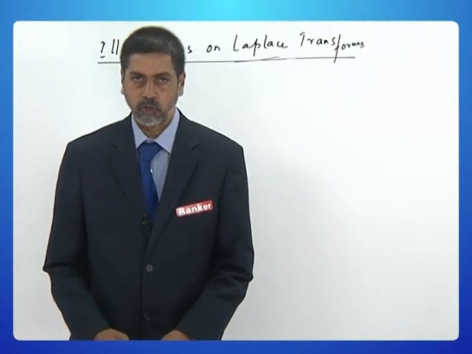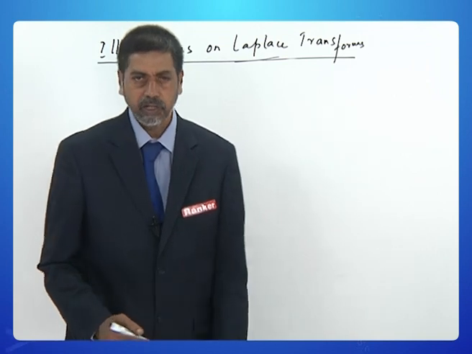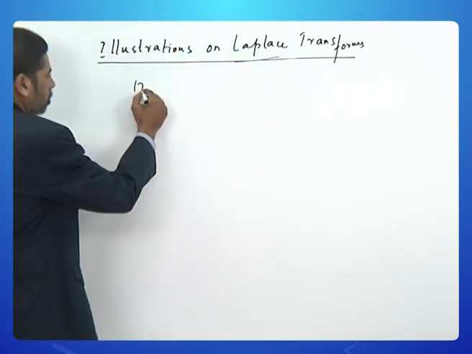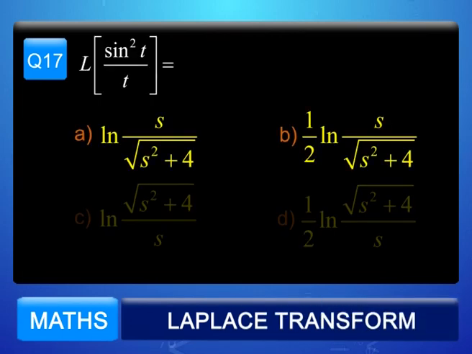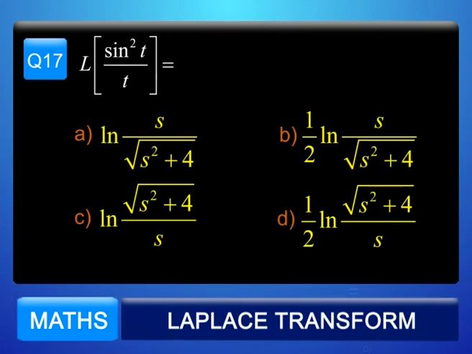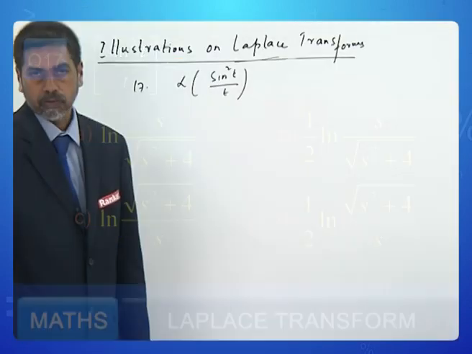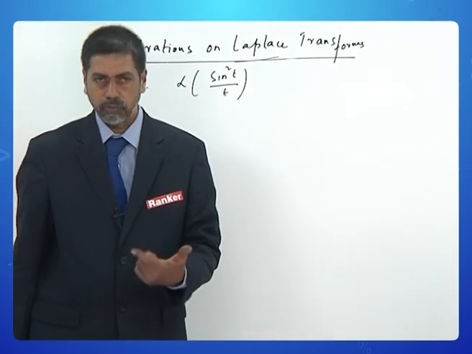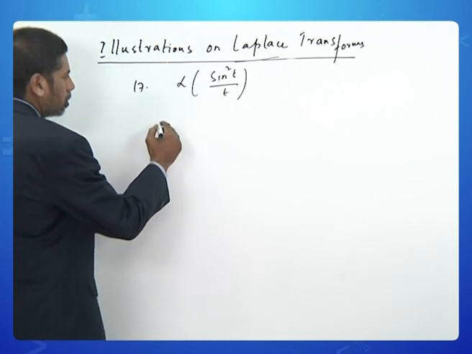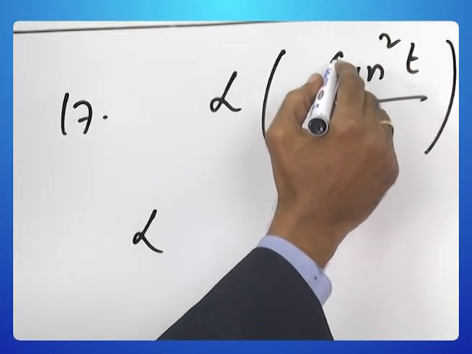Friends, I have chosen one more problem on division by t. The problem is to find the Laplace transform of sin square t by t. Right? So, first begin with the numerator.